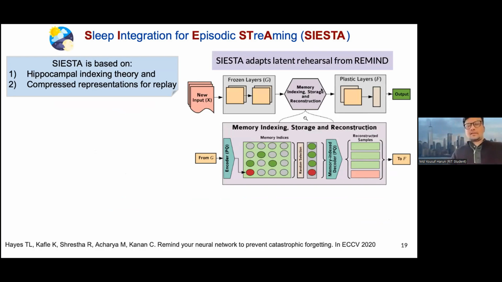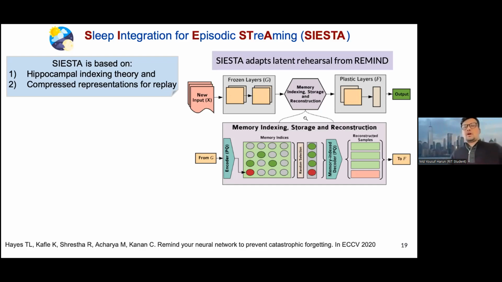Latent rehearsal means that while you store some number of old inputs, you don't have to store raw images or raw data. Instead, for memory efficiency, you can just store hidden representations so that it does not have a higher memory footprint. SIESTA is based on hippocampal indexing theory and compressed representation replay.